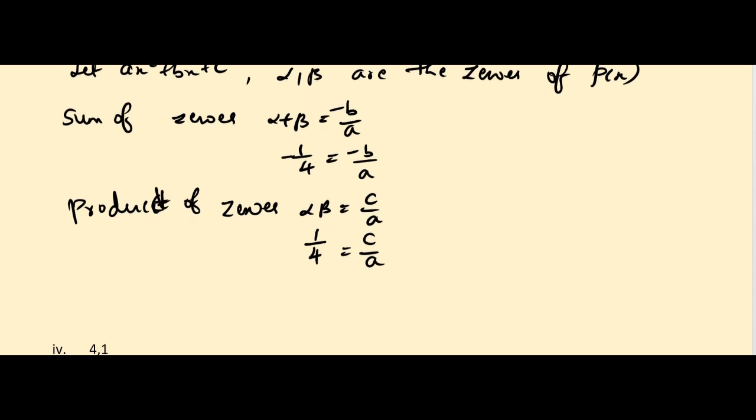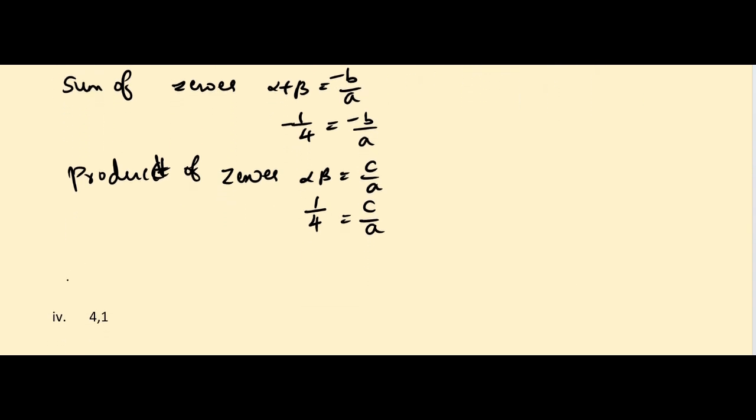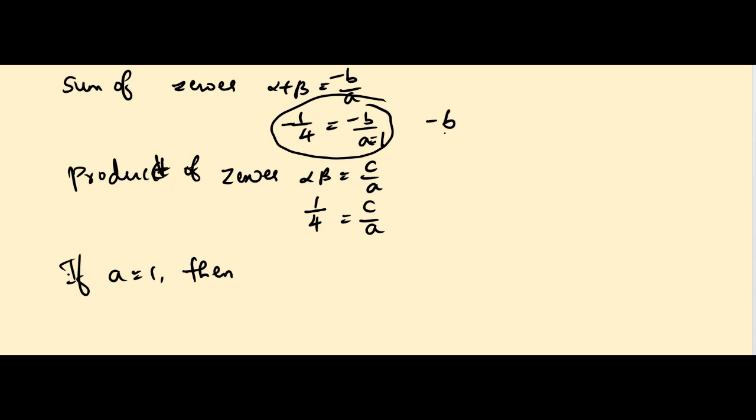Now we have to construct the quadratic polynomial for the given zeros of the polynomial. If a is equal to 1, then what will happen? If a is equal to 1 in the sum of zeros equation, then minus b by 1 is equal to minus 1 by 4.